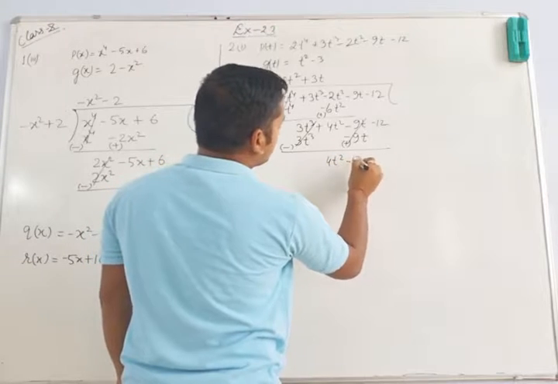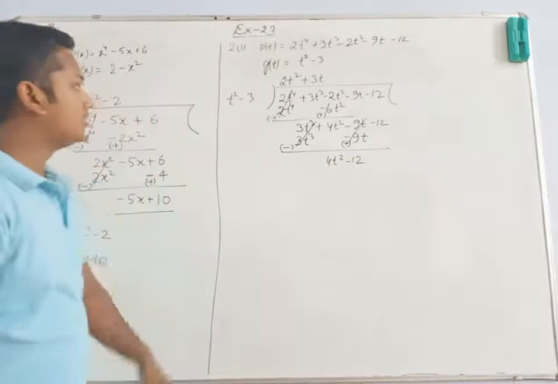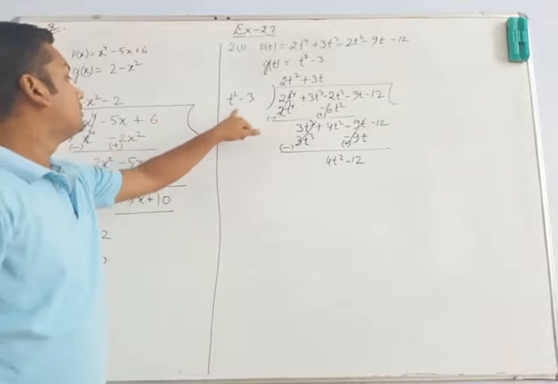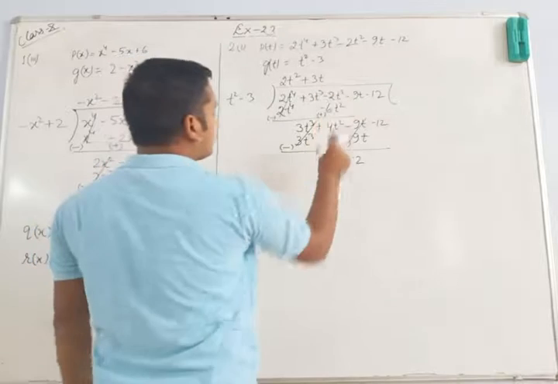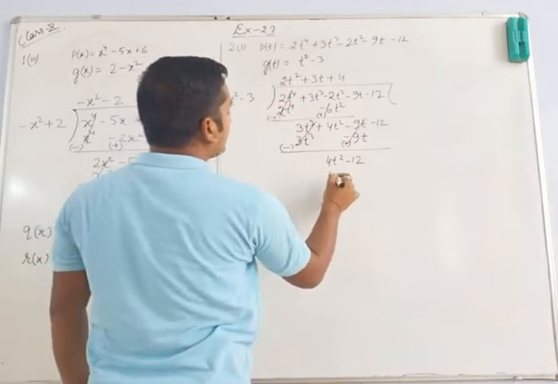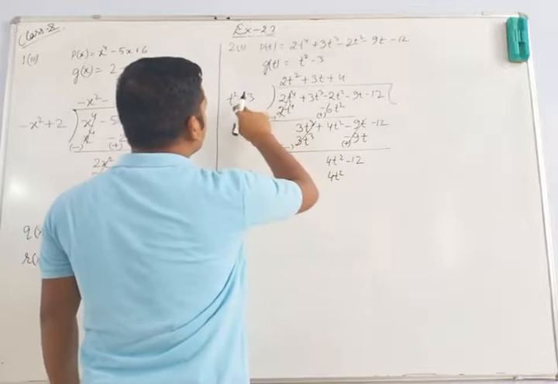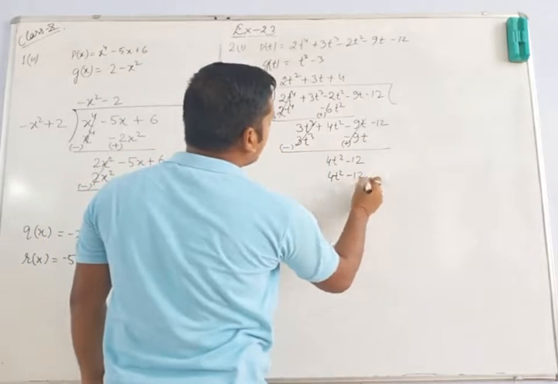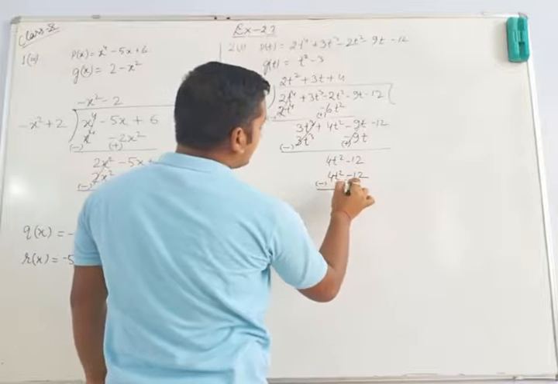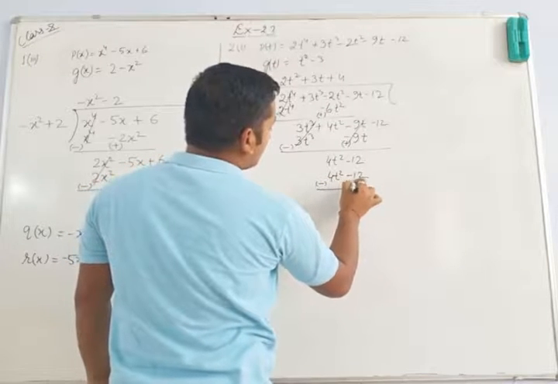4t square minus 12. Here again we will be multiplying, divided with 4, to get a 4t square, so multiply it with a positive 4, so it will become 4t square, and 4 3s are 12 and 1 of minus. Originally the sign is positive, so it will become negative, and it is originally negative, it will become positive.